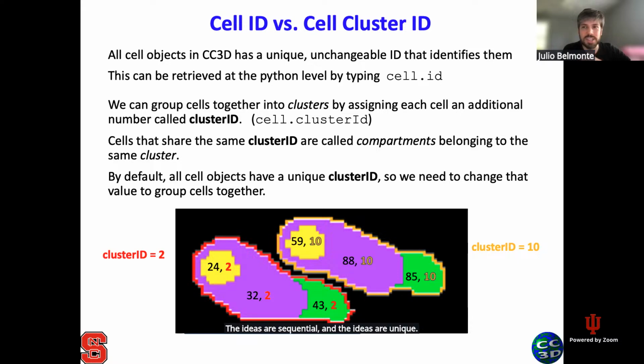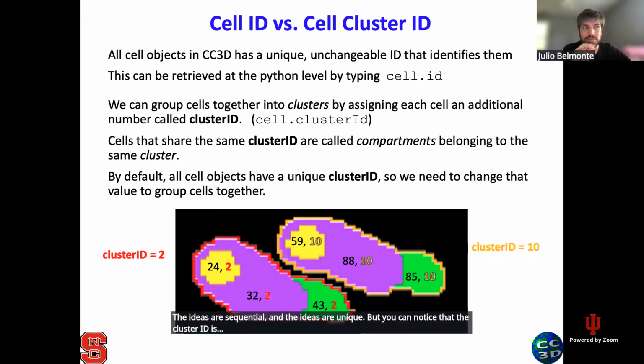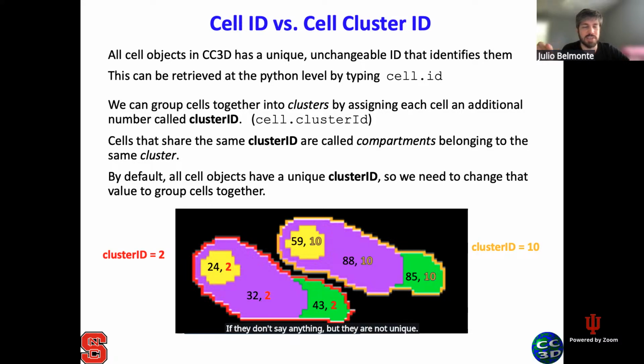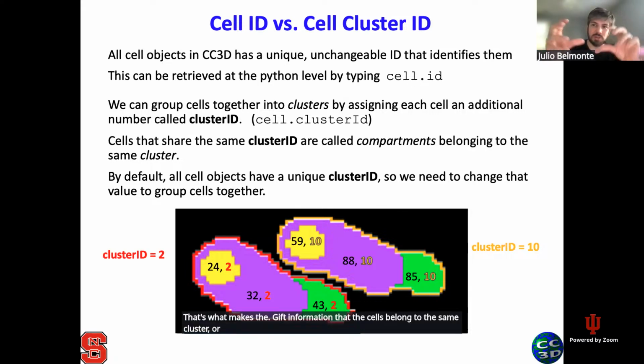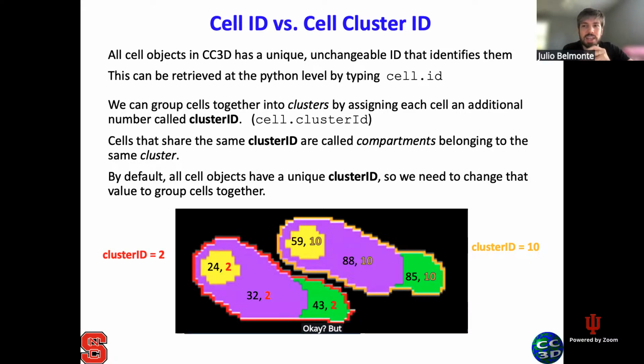But you can notice that the cluster ID is assigned sequentially if you don't say anything, but they are not unique. Multiple cells can have the same cluster ID. That's what gives the information that the compartments belong to the same cluster. But the cluster ID can change over time.